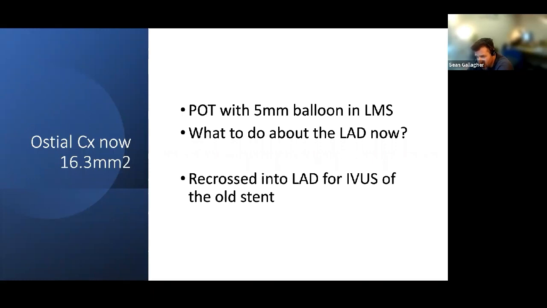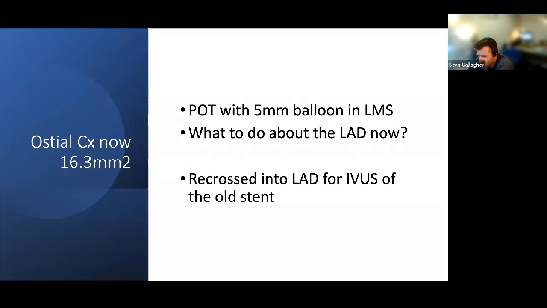And then we've got to decide what we're going to do with that old LAD stent. And we've essentially set up for a culotte. So the first thing I'm going to do with the culotte is take a small balloon from the left main into the LAD, make a hole, and then we're going to optimize that stent as best we can. We've already IVUS'd the LAD, so we know what we're trying to achieve in the LAD.